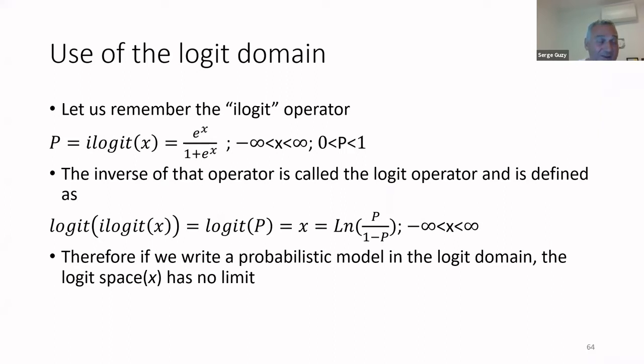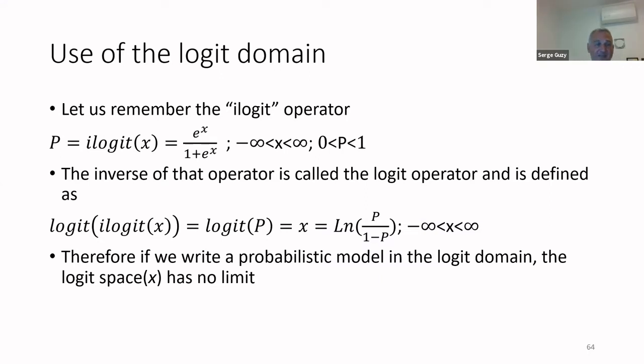Then exponent of logarithm x is x. The inverse operator of the ilogit is called the logit. By definition, the logit of the ilogit of x, because logit and ilogit are inverse operators, they cancel each other, is equal to x.